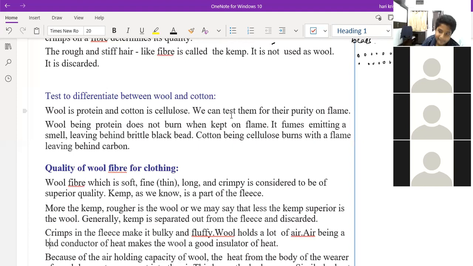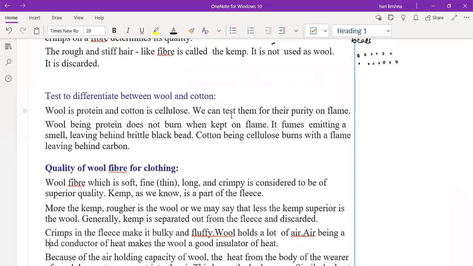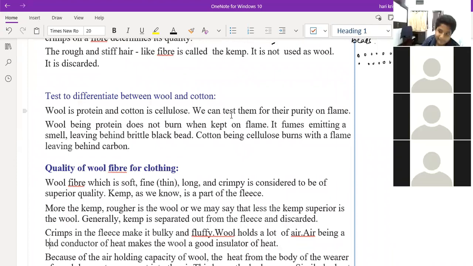But when you burn the wool, it will not produce ash. It will produce a small spherical bead, and it will give a bad smell.